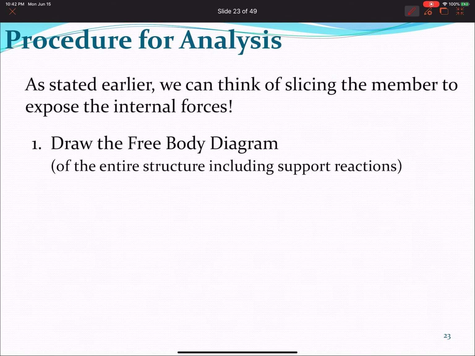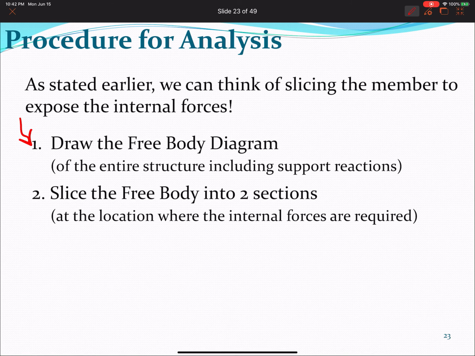So what are we going to do to find these internal forces? We draw the free body diagram. That's the first step. And we go back to the first time that we presented the free body diagram. If we don't have a good free body diagram, we are not going to be successful in getting our forces, so the free body diagram is so important.